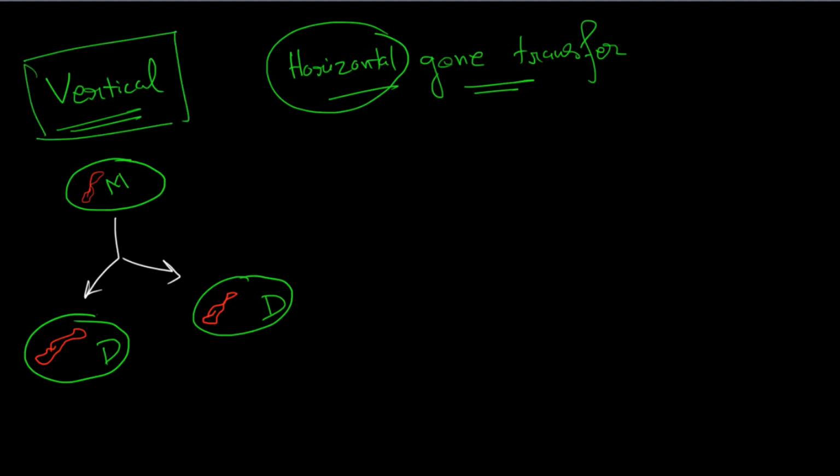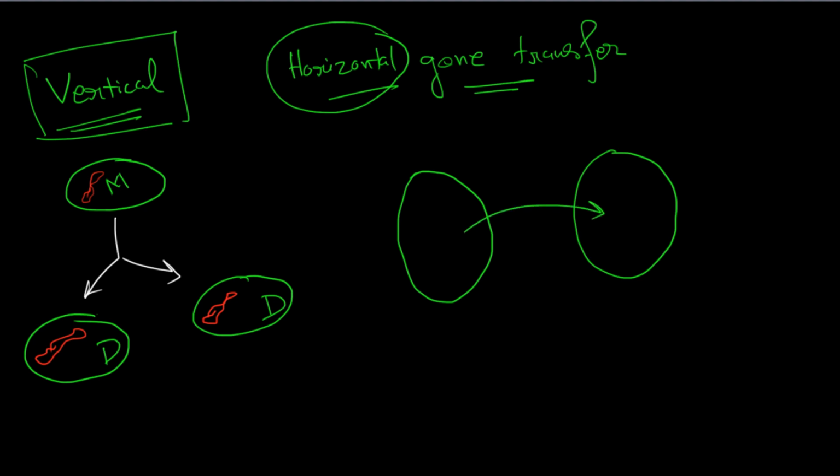So what is horizontal gene transfer? In this method, two bacteria within the same generation can transfer or exchange genetic material with one another. So as you may have noticed, in vertical gene transfer, the mother and daughter are of course in two different generations.